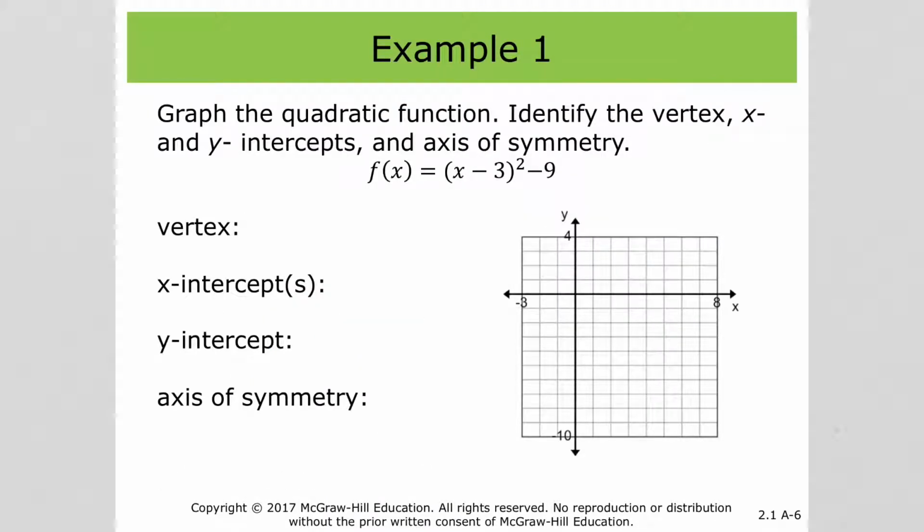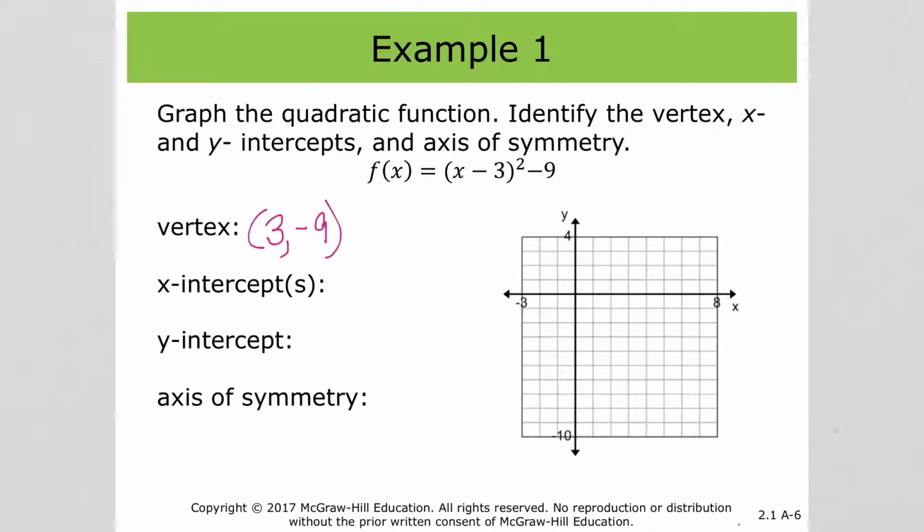So the first example says graph the quadratic function, identify the vertex, x and y intercepts, and the axis of symmetry. Okay, so this quadratic function is in vertex form, so we can pick out h and k pretty easily. H is 3, remember it's the opposite of what's in the parentheses, and k is exactly what is on the outside, so negative 9.